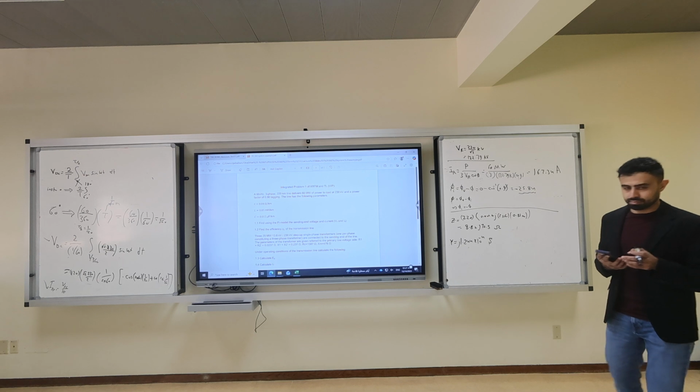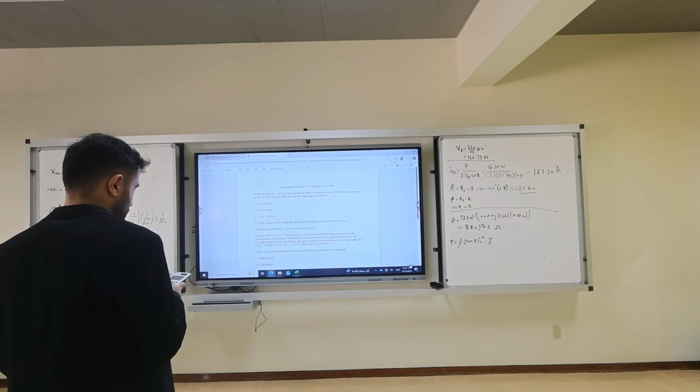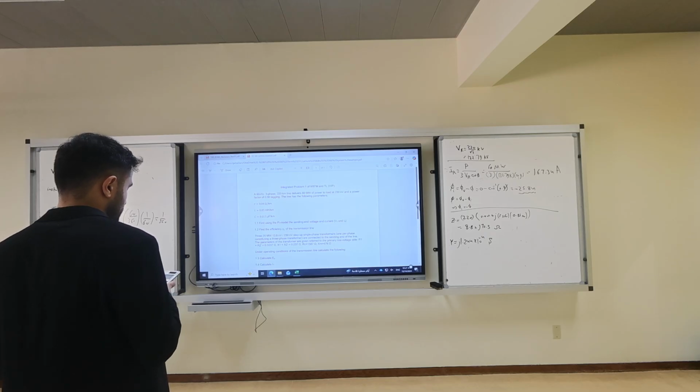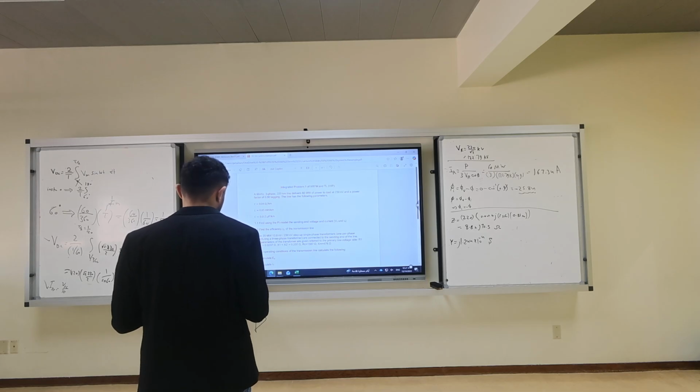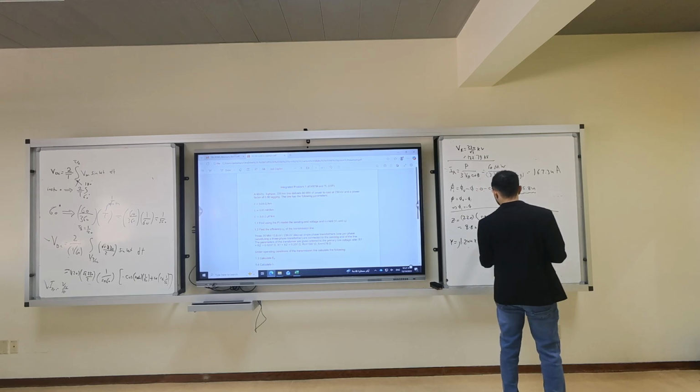I think it's wrong. 0.015 times 10 to minus 6 times 2 pi 60 times energy. Ten to minus 3, right?